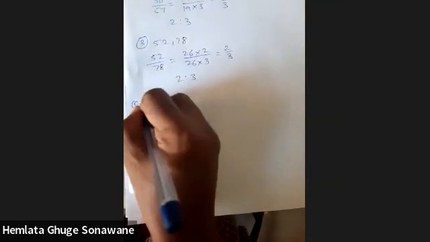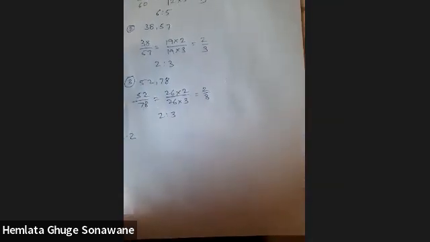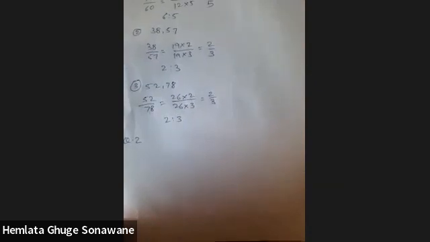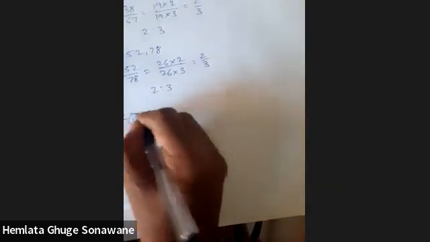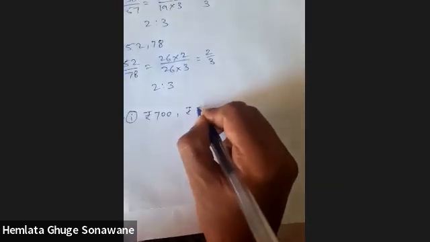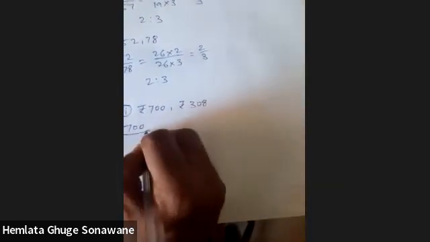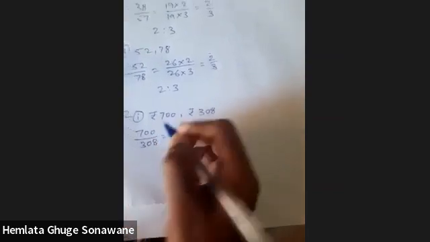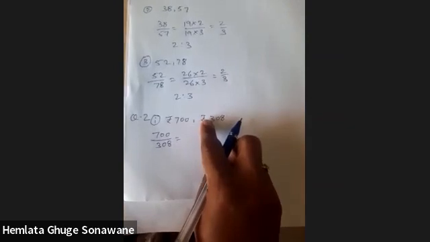We'll take question number 2. Find the reduced form of the ratio of the first quantity to the second quantity. First example is rupees 700 and rupees 308. Now here also we'll do the same thing, 700 upon 308. Both these numbers are in the same unit, that is rupees.